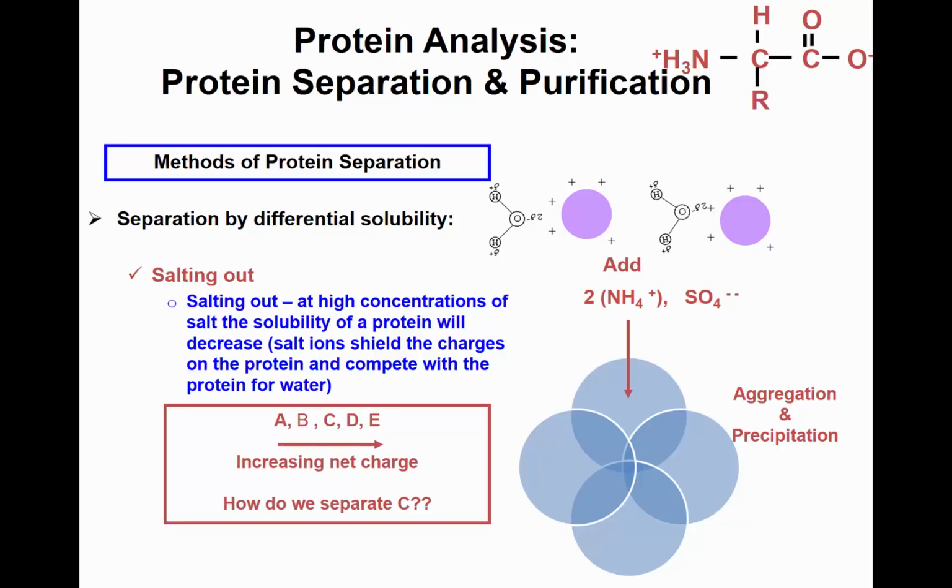Let's look at this example. If you have 5 proteins in your mixture and you want to isolate protein C in the middle, and from A to E you have increasing net charge, so A is the least charged and E is the most charged, how do I get C out?